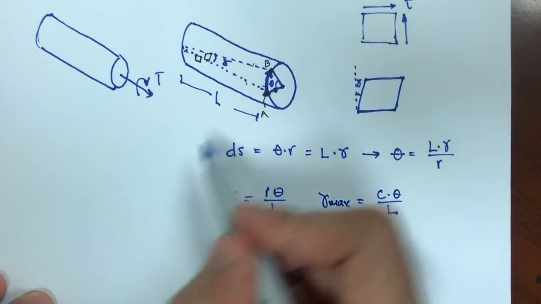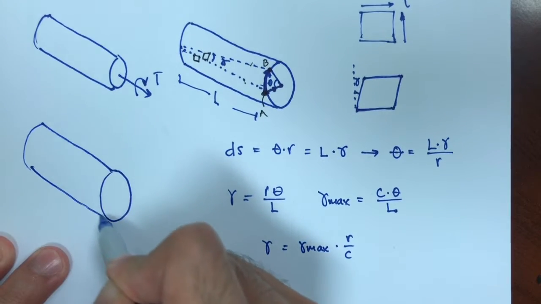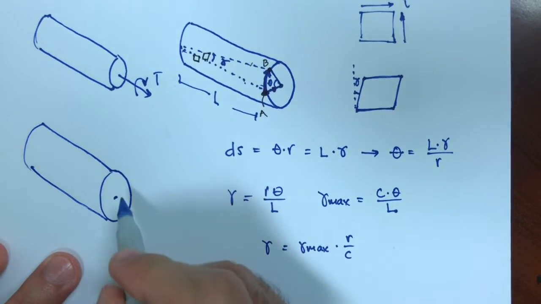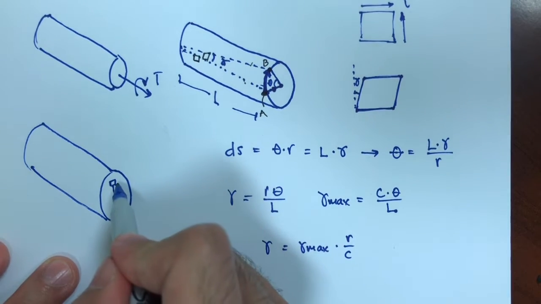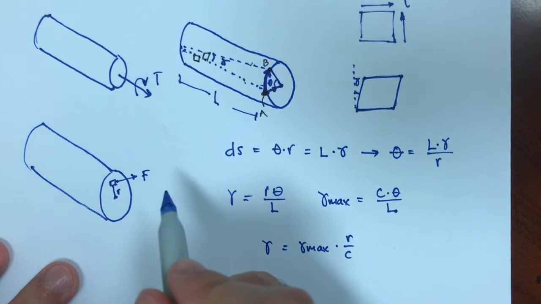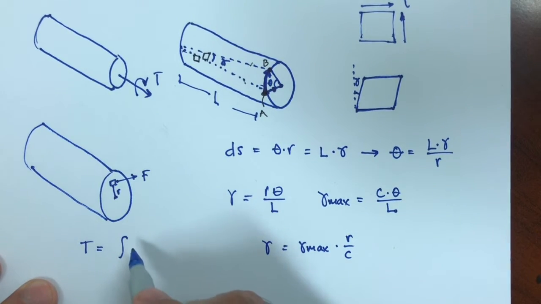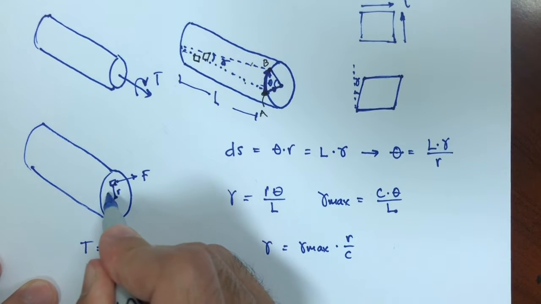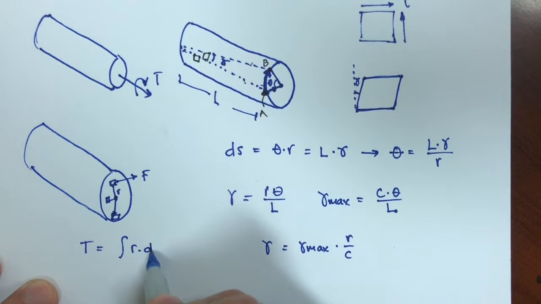Now if I look at the stresses, so just another drawing of this. If I'm looking at the stresses here from the center, for any given R, I'm going to find a small stress element that will have, due to that torsion, a force in this direction. And so I could calculate the total T as the integral of R, whatever R I'm using to find that element, it could be a smaller R closer to the center, or a higher R closer to the surface, times dF.